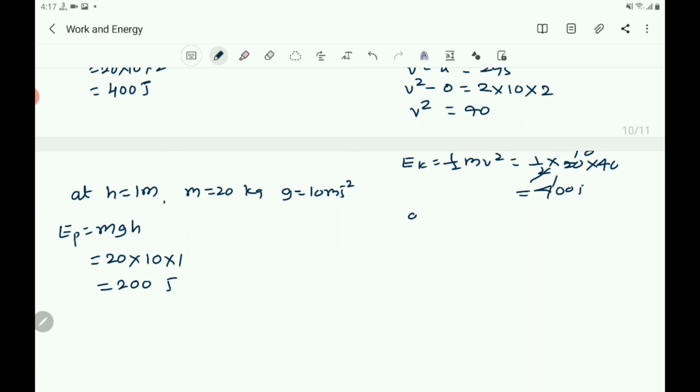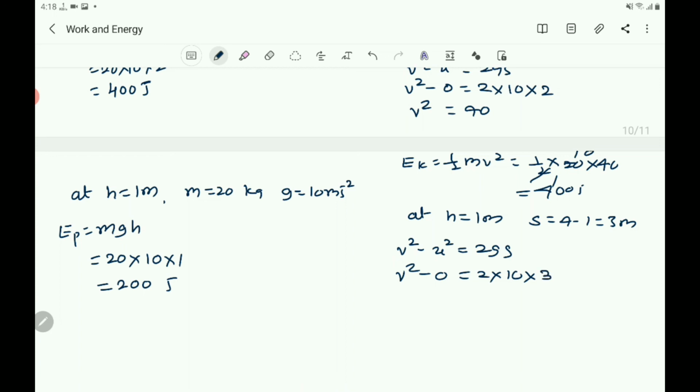Now at h is equal to 1 meter, the distance travelled becomes 4 minus 1, 3 meters. Then you write again v square minus u square, starting from rest, that is equal to 2gs. v square minus 0 is equal to 2 into 10 into 3, so v square is 60.